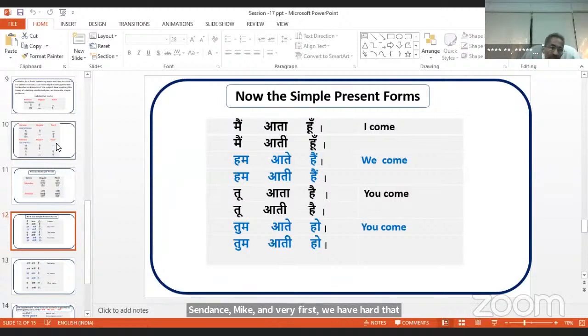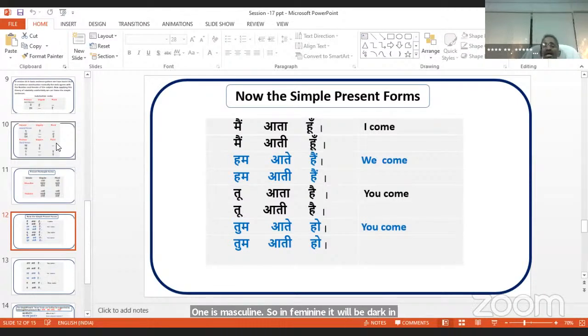Main is always singular. So the present participle form will be aata. In singular there will be two parts, one feminine, one masculine. In feminine it will be ti, and in masculine it will be ta. So if main is masculine, main aata hoon.